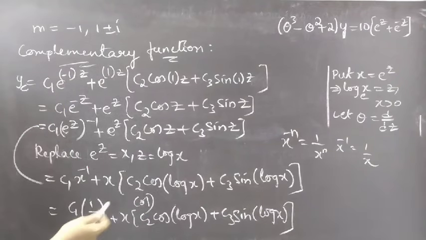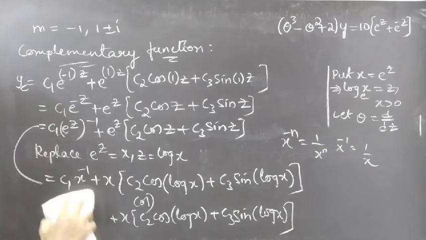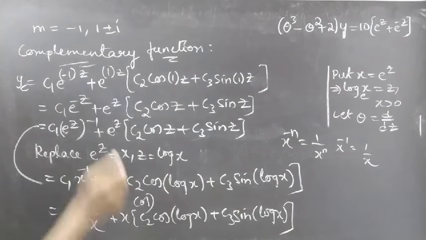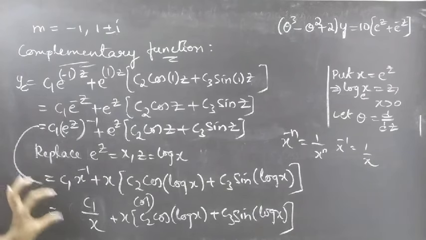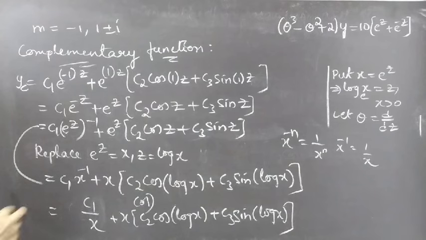Okay, c1 into 1 by x is c1 by x, so I'll change it here itself. I'll write c1 by x. Either we can write yc like this or this. You can choose either of these two. So we got yc. Let's go for yp.